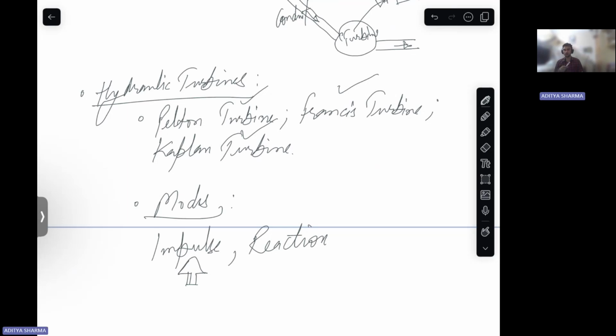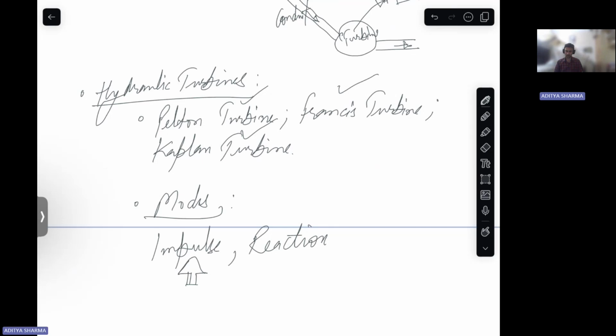And across the turbine, there is no pressure drop. So the shaft work is through kinetic energy conversion and not the pressure drop. So this is basically impulse.